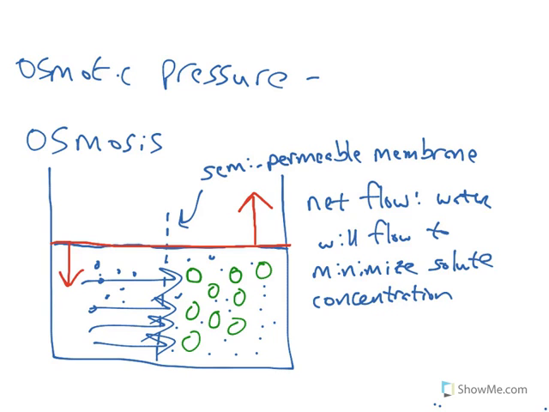If we had a pressure sensor built in, we could measure this pressure that is being pushed up here. That pressure is called the osmotic pressure. So osmotic pressure is defined as Π.